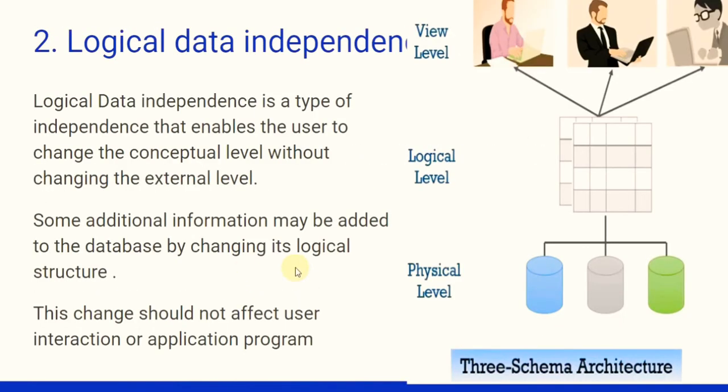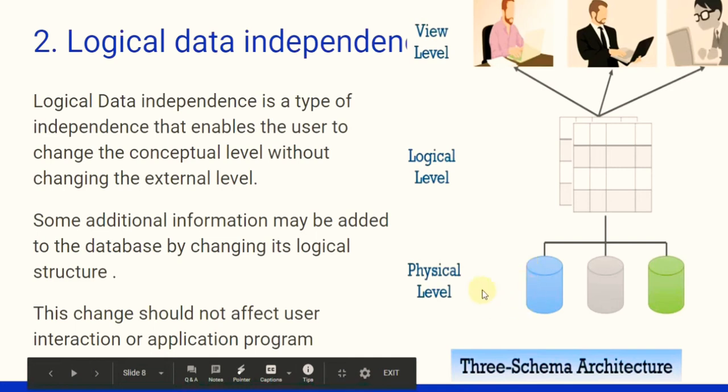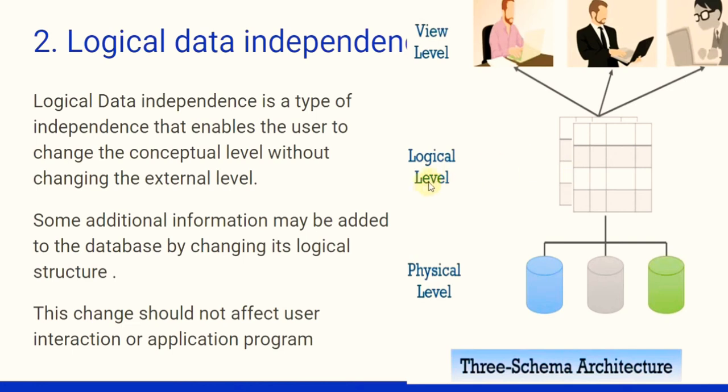Logical data independence. In the previous one, physical data independence, changes occur in this area and will not affect the logical view. In logical data independence, we apply changes here and it will not affect the view. So the user will see the same data after the change occurred in the database.